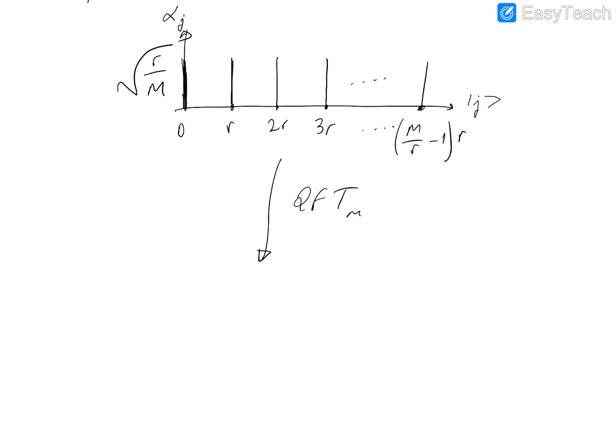And if we apply QFT of dimension m on this input superposition, then what we get is a superposition state of the same length. So the dimension of the vector is preserved, except that the period is changed.